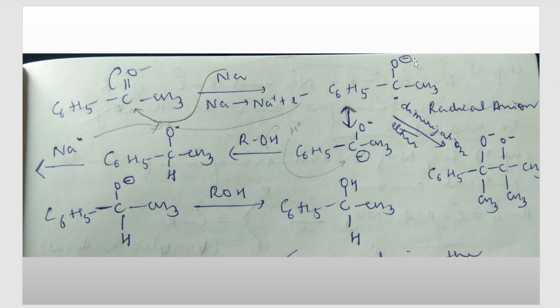Radical anion can undergo dimerization with another radical anion, because there are many radical anions formed in the solution. So this will combine with another of the same species, so we will get a dimeric form like this. That is, one more species having the C dot here will come and combine.